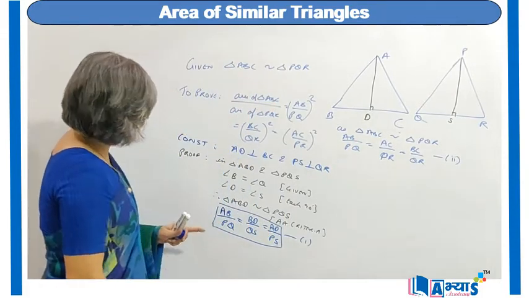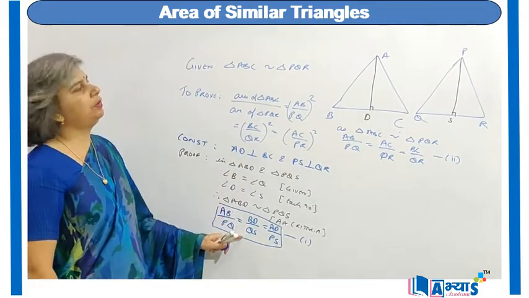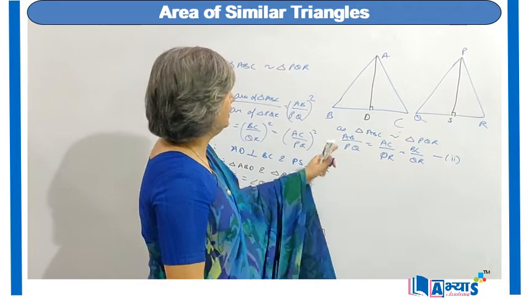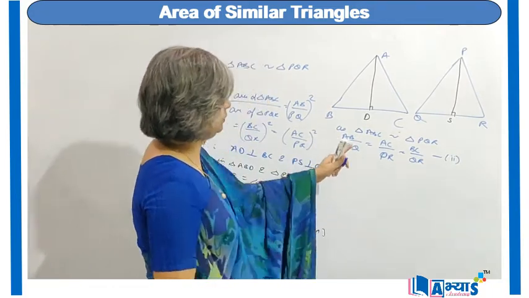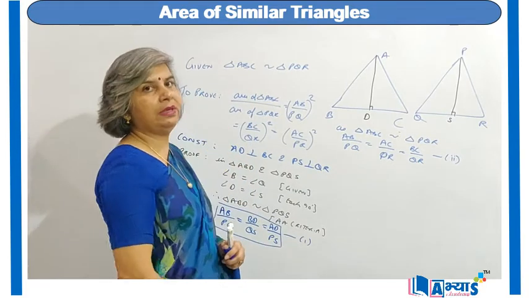In equation 1, AB upon PQ is equal to BD upon QS and AD upon PS, and in the second, AB upon PQ is equal to AC upon PR. So we can equate these two ratios.